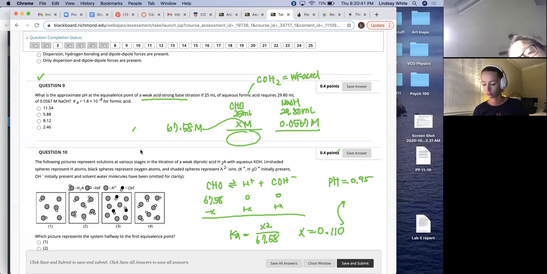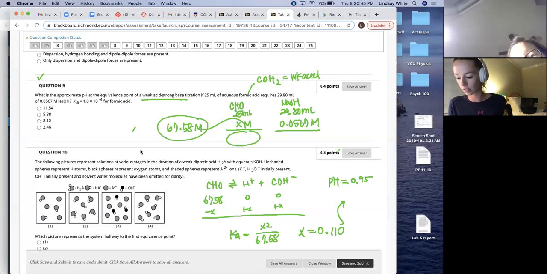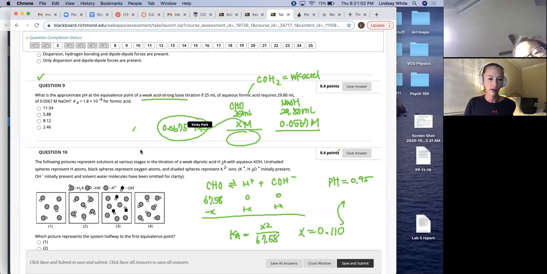I think something's wrong with this. Is it supposed to be just a decimal? Like, I think so. I think I just did it wrong. Yeah. This was 0.06758.